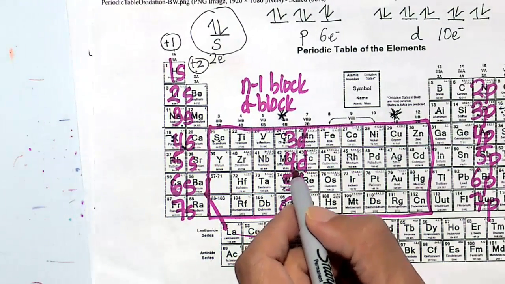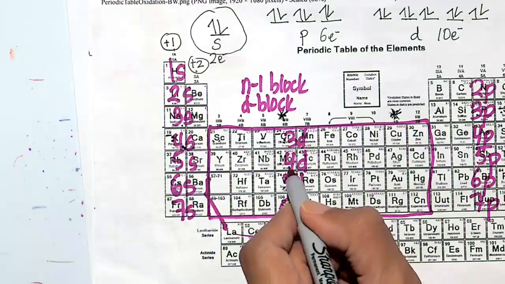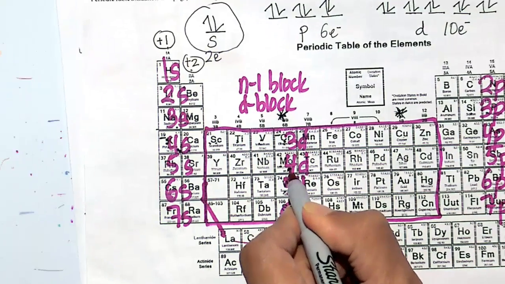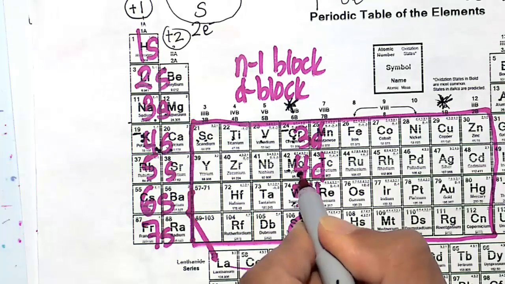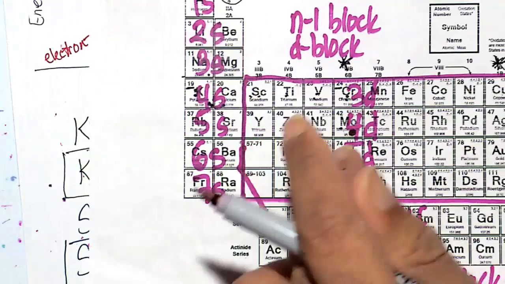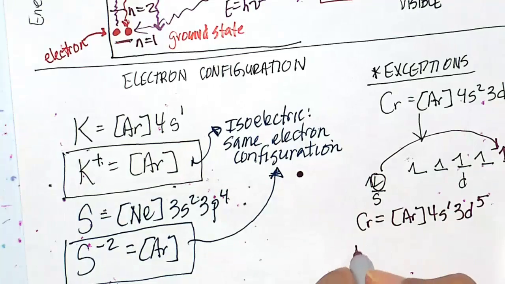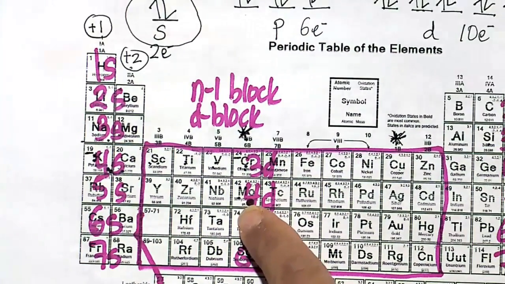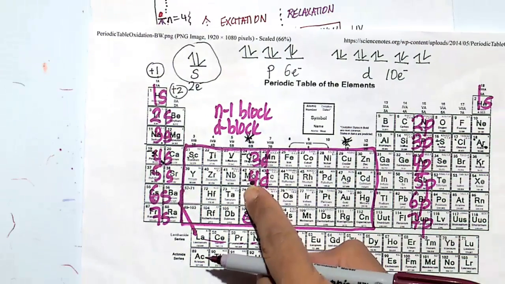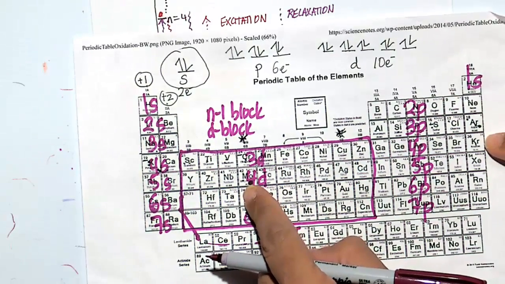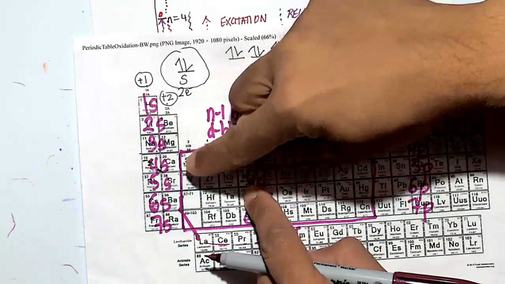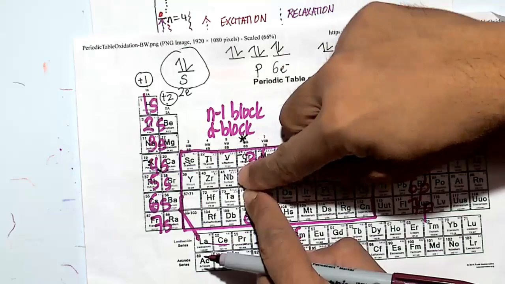On that same vein, we can say molybdenum, Mo, right below chromium, is going to be krypton 5s2, 4d1, 4d2, 4d3, 4d4.